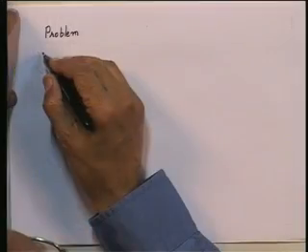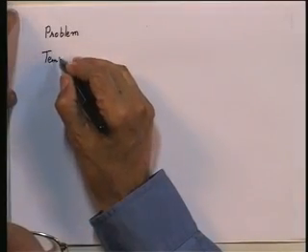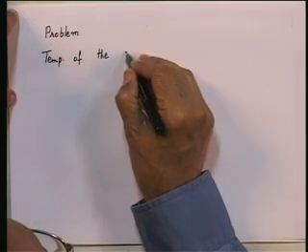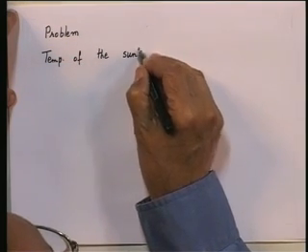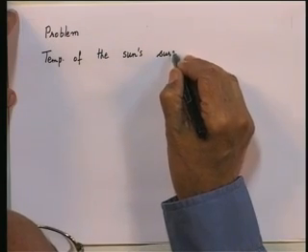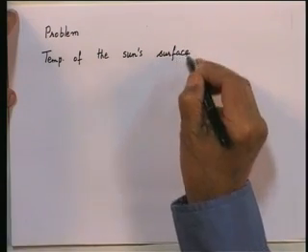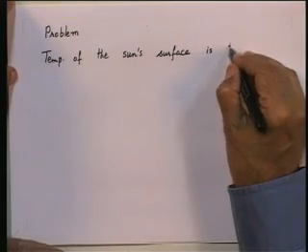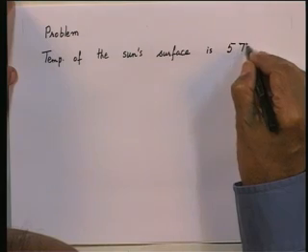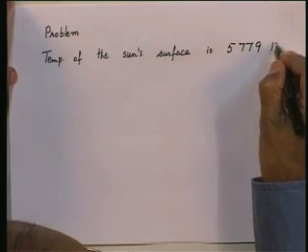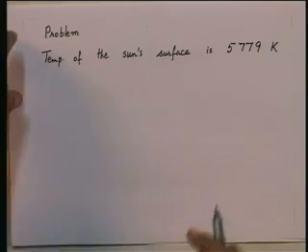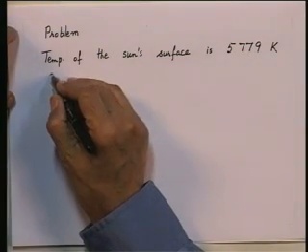The temperature of the sun's surface is 5779 Kelvin. Take this value as the temperature of the sun's surface, and the surface may be assumed to be black.